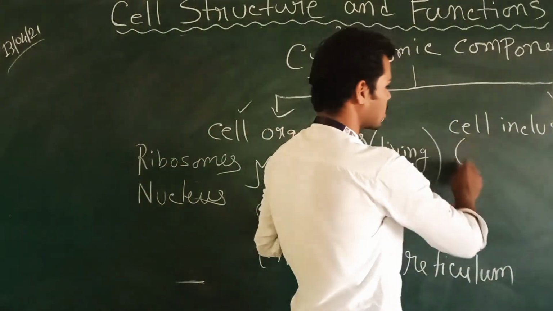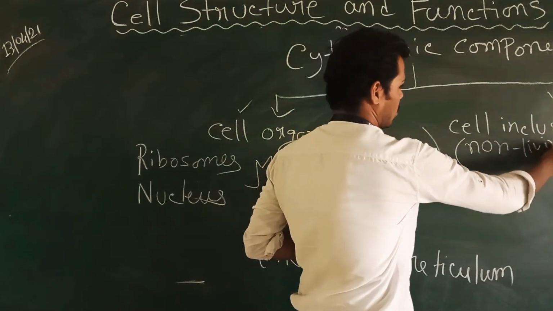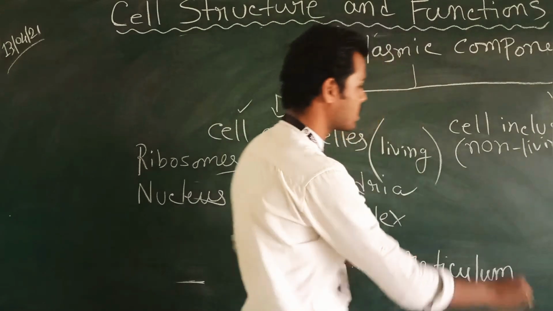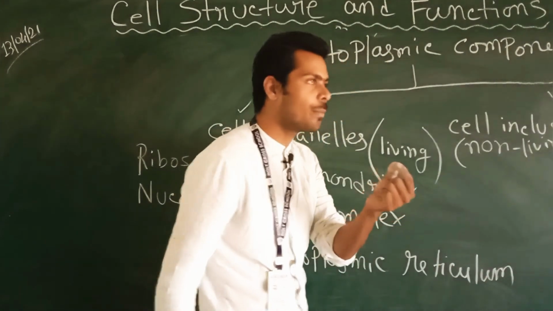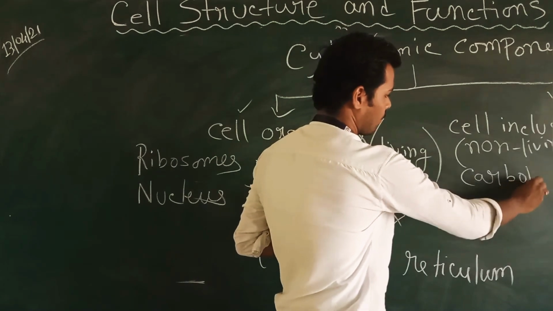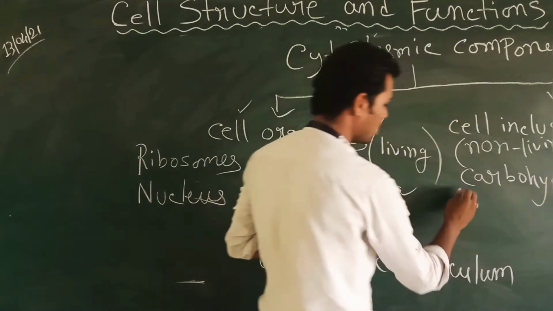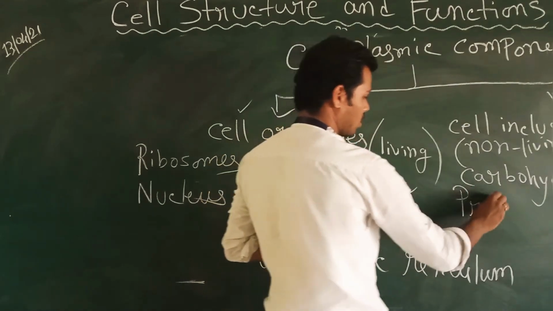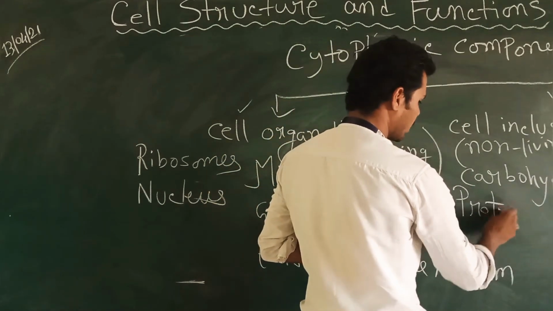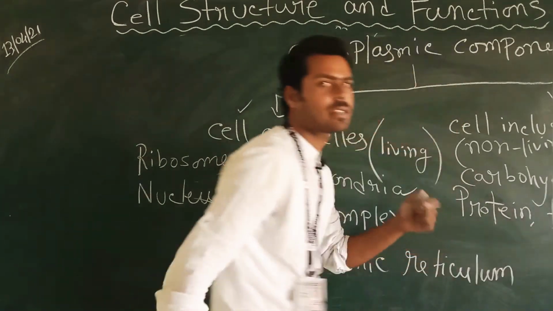Cell inclusions are non-living parts. What are these non-living parts? Basically food components: carbohydrates, proteins, you already know the names, fats, vitamins, minerals.